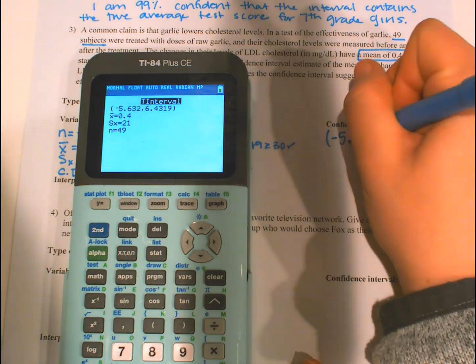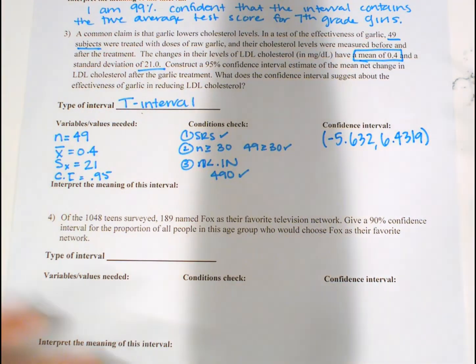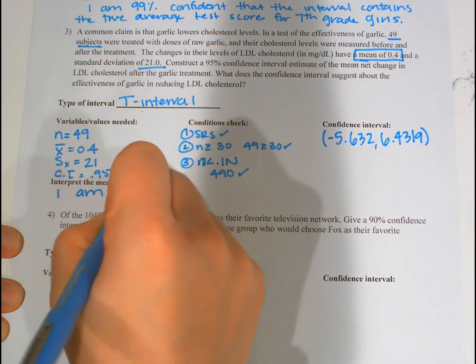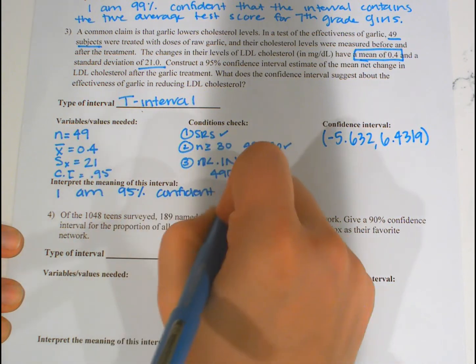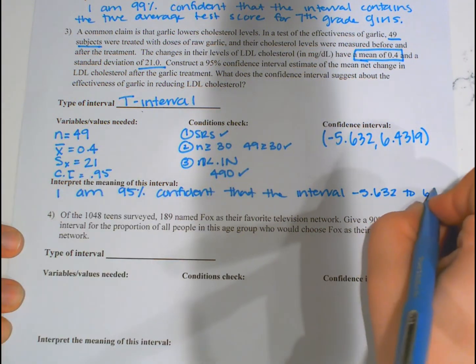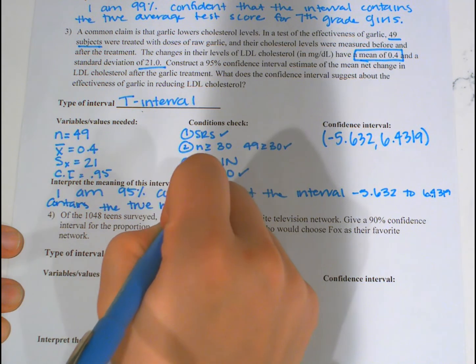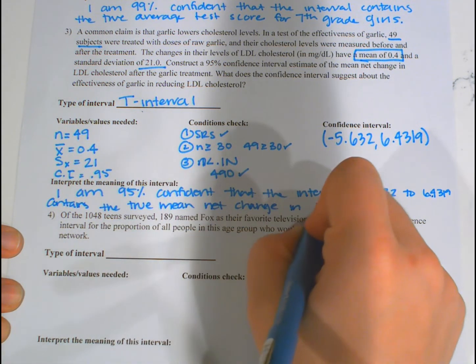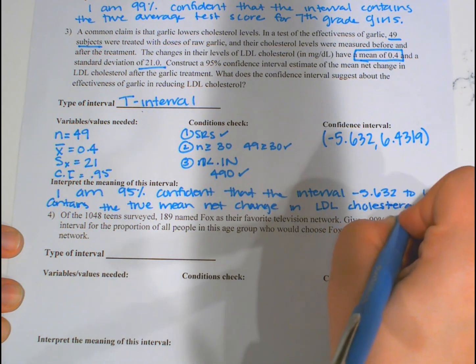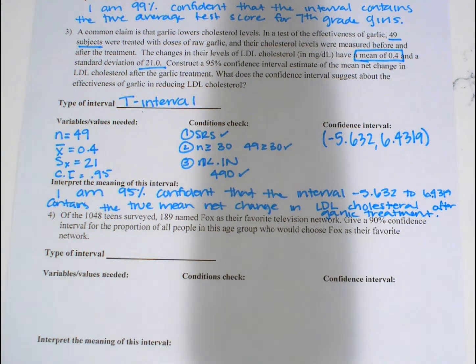So I get this as my confidence interval, which means I can say I am 95% confident that the interval negative 5.32 to 6.4319 contains the true mean net change in LDL cholesterol after garlic treatment.